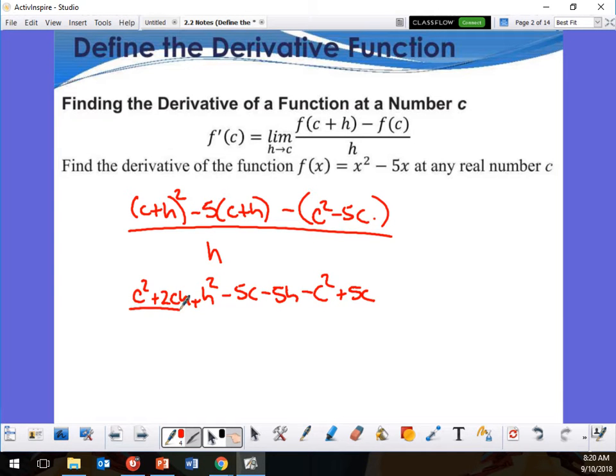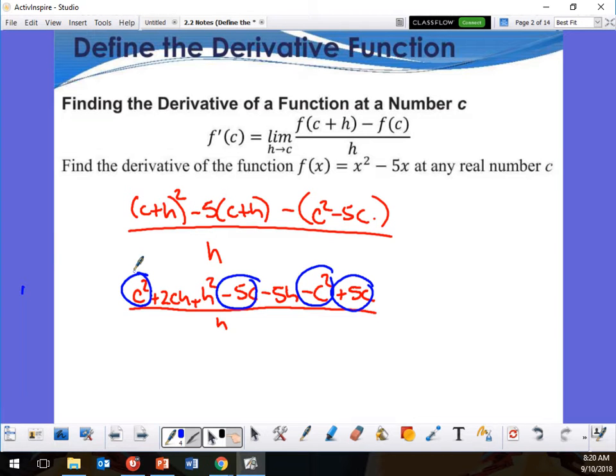Now, when I do this, something happens every time. What do you think happens? Go ahead, take a guess. Something cancels. So I have my minus 5c and my plus 5c, and minus c squared with the c squared.